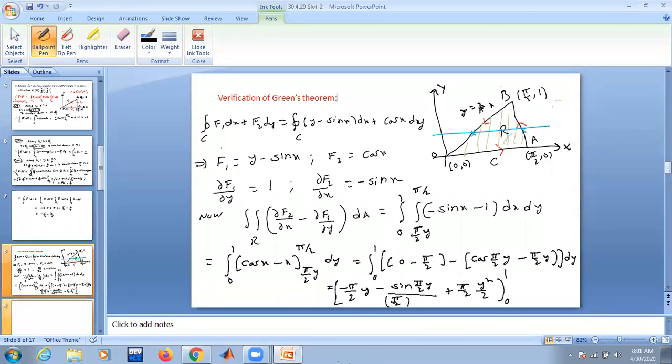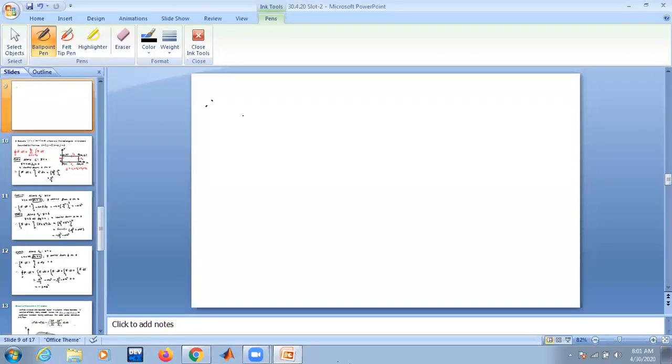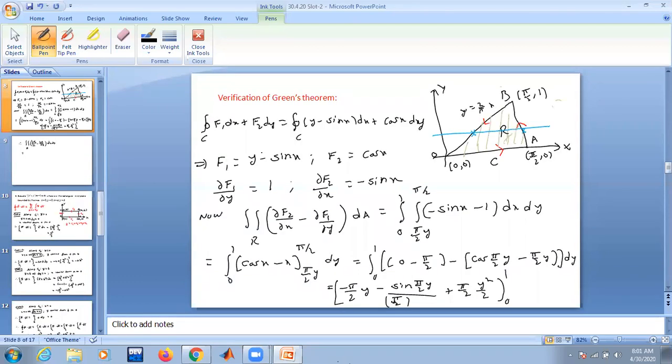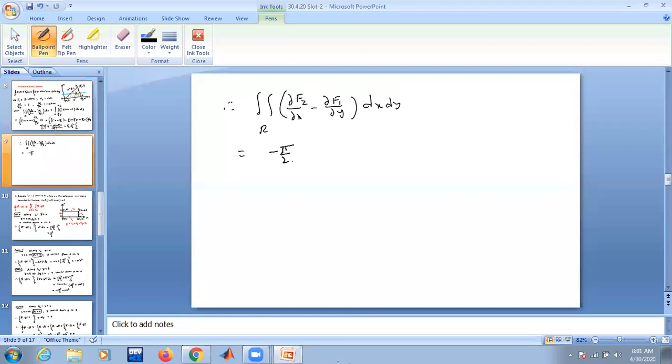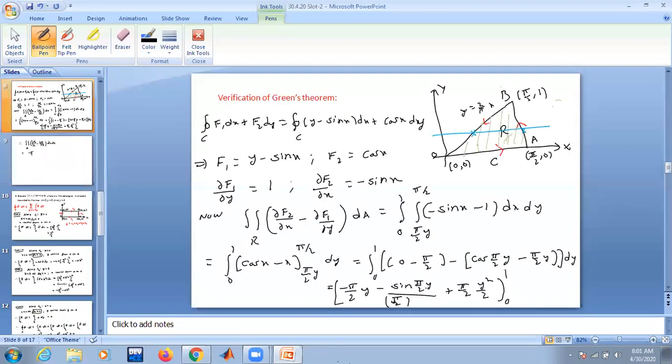Therefore the double integral over R of dou f2 by dou x minus dou f1 by dou y dx dy is equal to, what is the simplification we got? The upper limit is minus pi by 2, next what is sin pi by 2?